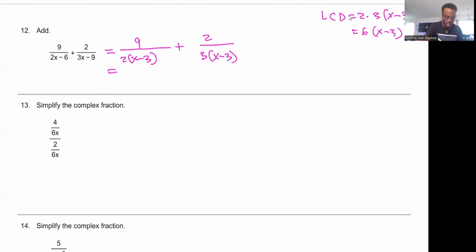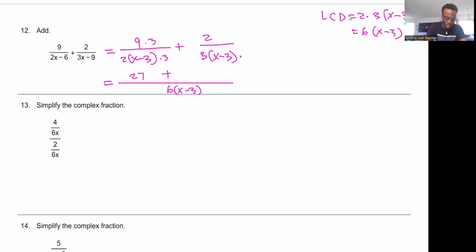And then now we can have one denominator, one fraction, 6 times x minus 3. We need to multiply the first one by 3 to get the 6 factor x minus 3, so that's 27.